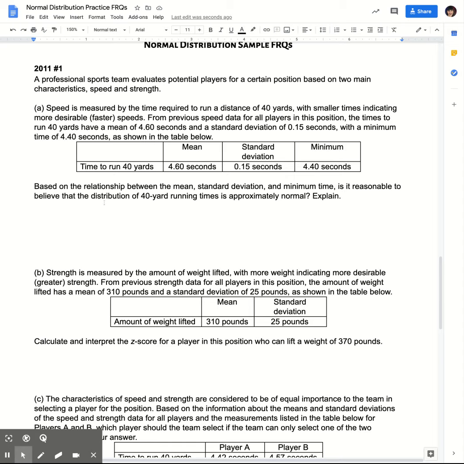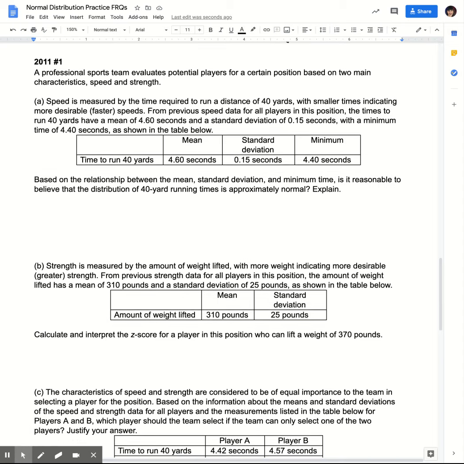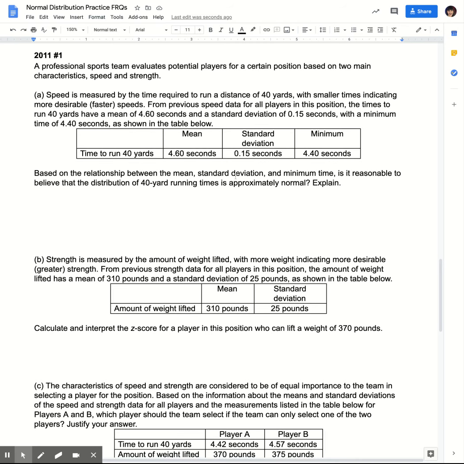All right, y'all, so here we are at another free response problem. This one is talking about a professional sports team. We're going to deal with some speed data and some weight data and do some z-score calculations. For speed, the mean is 4.6, the standard deviation is 0.15, and the minimum is 4.4.